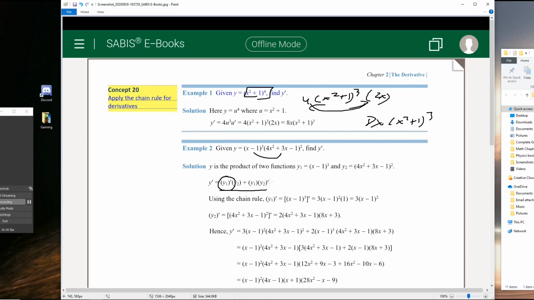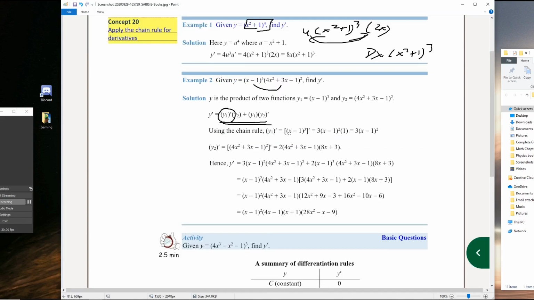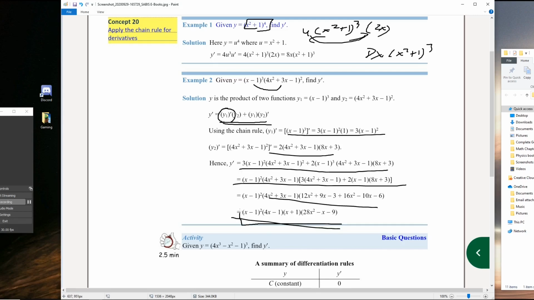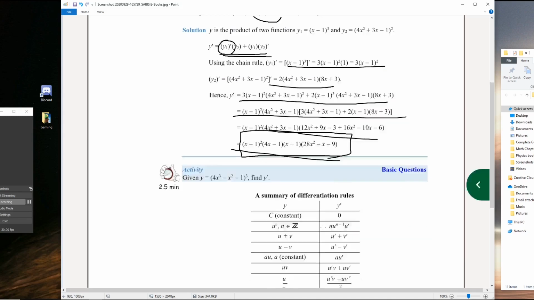So first of all, start with the product rule, as you can see right here, and then move on with the chain rule for each one, then replace all of that, simplify, and get this crazy polynomial right here. So anyways, even though they give us this in the example, probably just to show you, in the activity it's really easy.